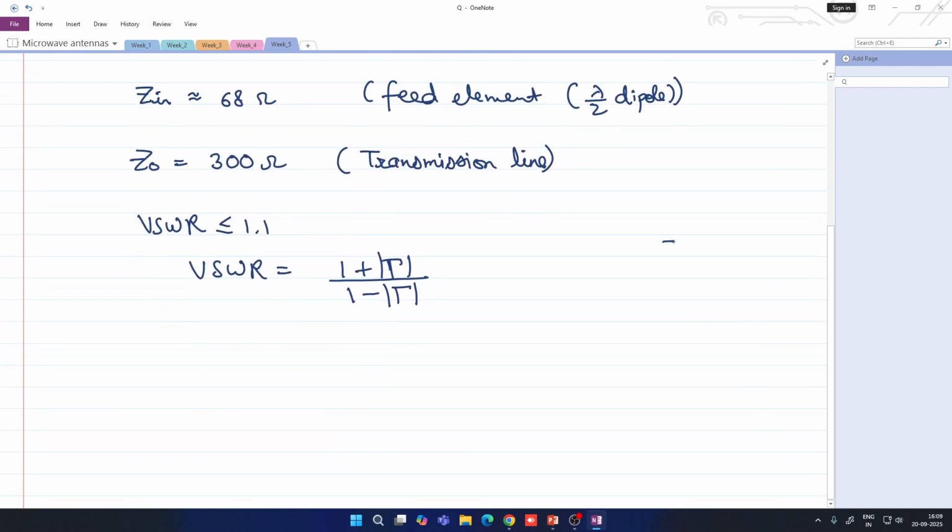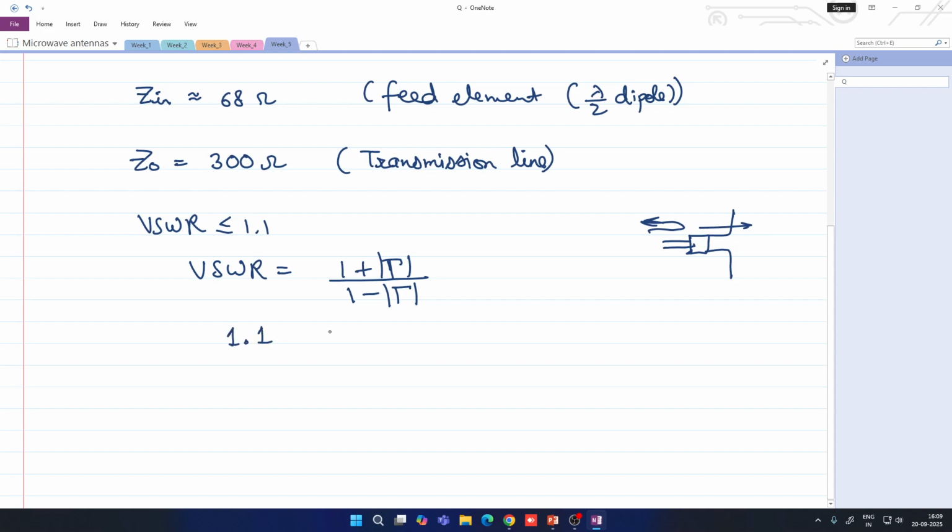If the transmission line connected to the antenna element is not perfectly matched, there will be reflection. Some of the power will be transmitted and some will be reflected. But now it is desired to have a VSWR of less than 1.1, so based on this we can find the allowable range for gamma.